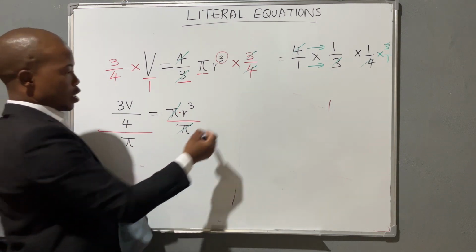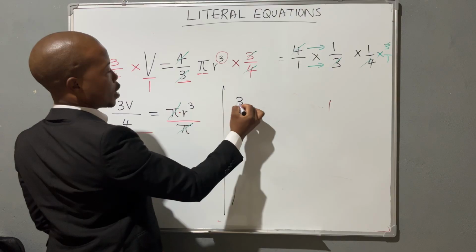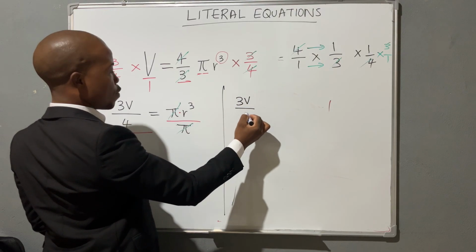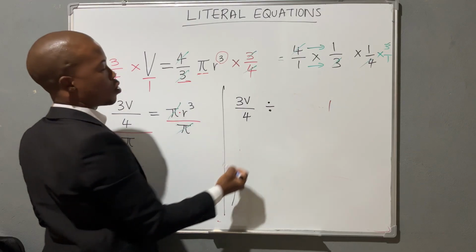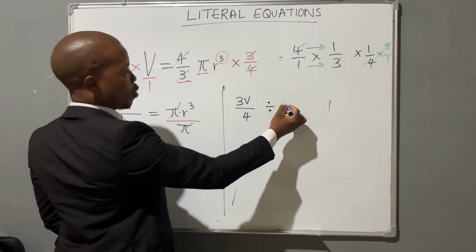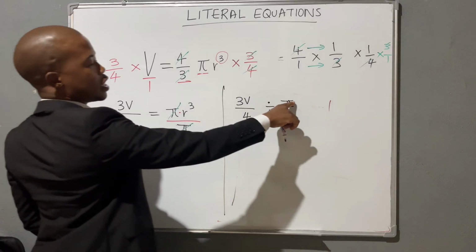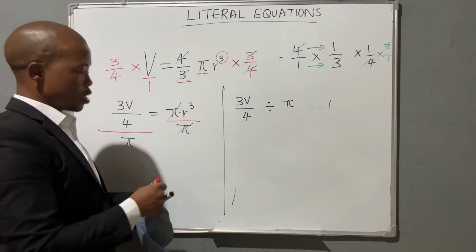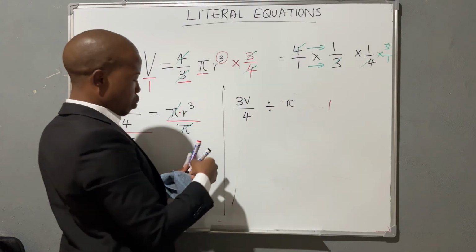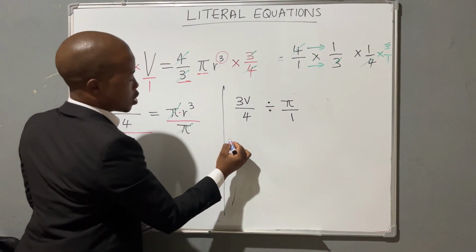Let's write it. Remember, division can also be written like this. We have 3v over 4, right? And then divide by what? By pi. And like we did here, we said any number divided by 1 is still that number, so we can write this pi as over 1.